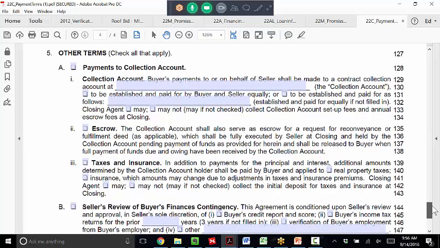All right? Other terms. Payments to a collection account. This is the very first term in the other terms section because of this assumability thing. If you do a wrap rather than a formal assumption, let's say Doris buys my house and we do a wrap around my B of A mortgage, right?